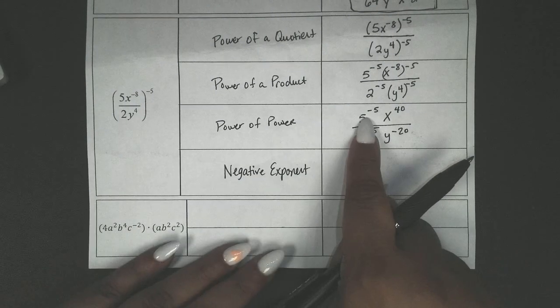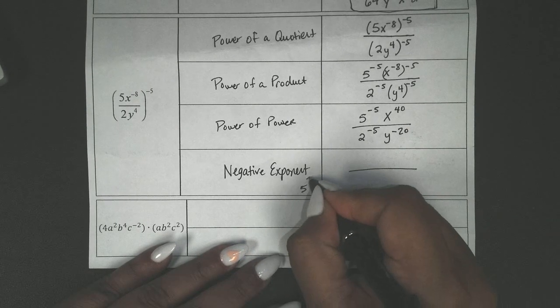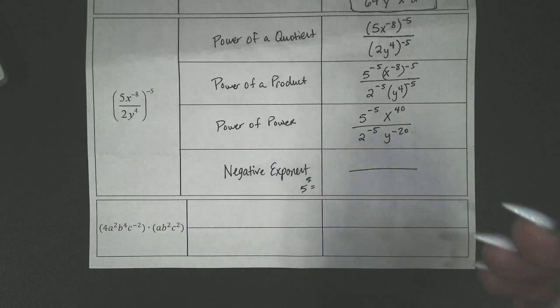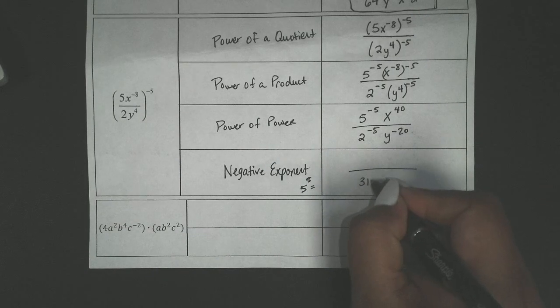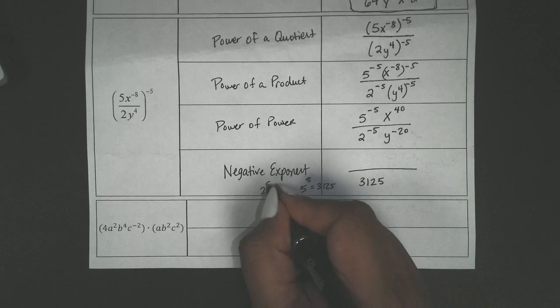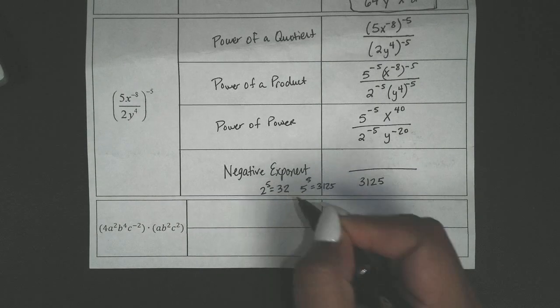That means that this moves to the bottom as 5 to the 5th power, and 5 to the 5th power is, let me calculate that real quick, 3,125, and 2 to the 5th power is equal to 32.